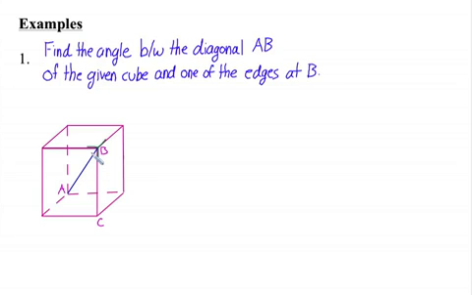So the best angle to choose would probably be the one that's going to create the easiest right triangle to work with. So let's highlight the edge BC, and we'll also connect the diagonal between A and C.